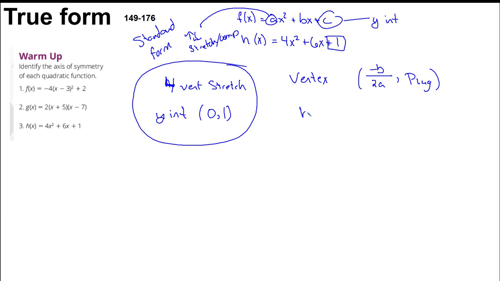So the x value, which is called h, is negative b divided by 2a. And so negative b, so that's negative 6 in this case, divided by 2 times 4. So that's negative 6 divided by 8, which when we reduce that becomes negative 3/4.